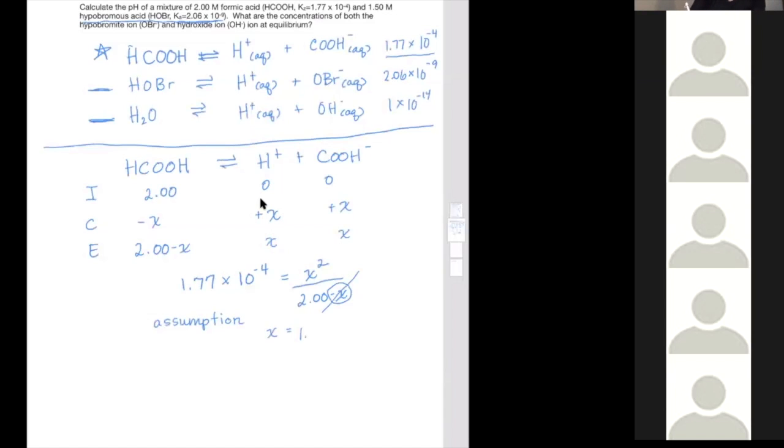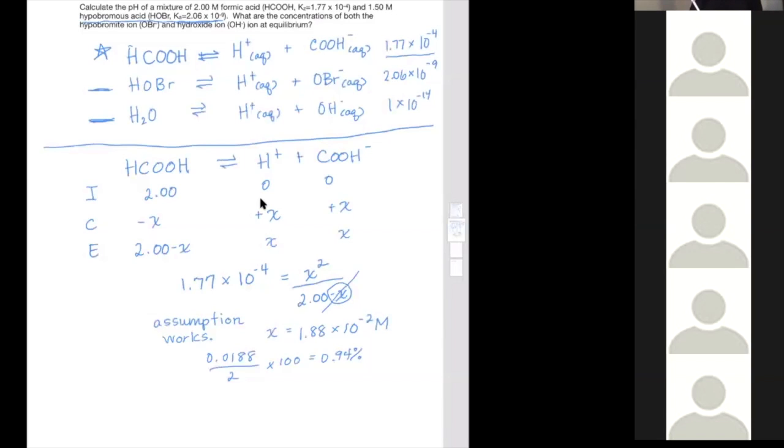And when we do, we get 1.88 times 10 to the negative second. And checking that, I'm just going to plug this in over 2 times 100. And that gives me 0.94%. So our assumption works.